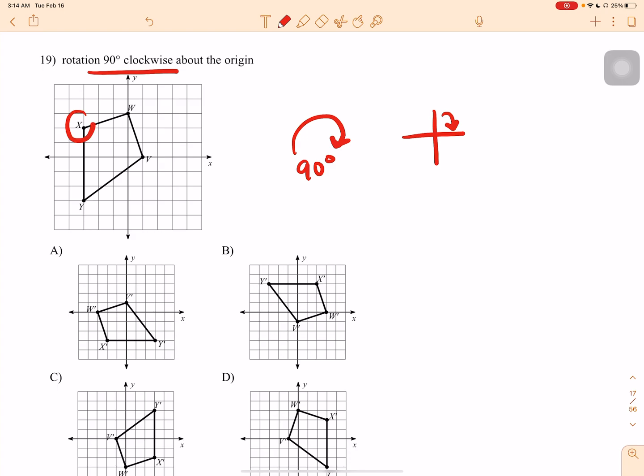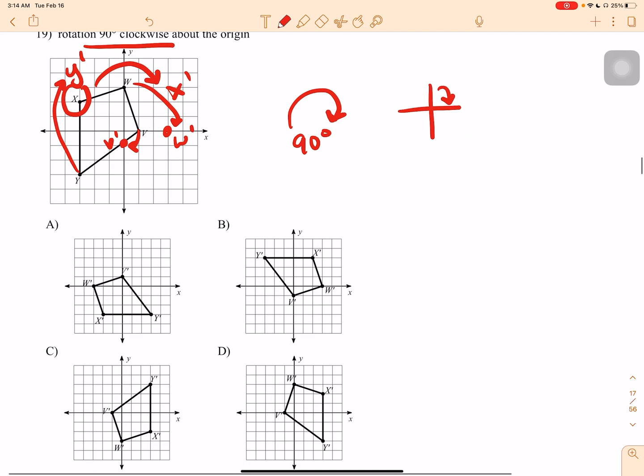So like my x will now end up somewhere over here, x prime. My w is going to end up right here on the x-axis because it was on the y-axis. The v will end up right here. And the y, if I were to rotate this, it's going to end up somewhere up here, y prime.